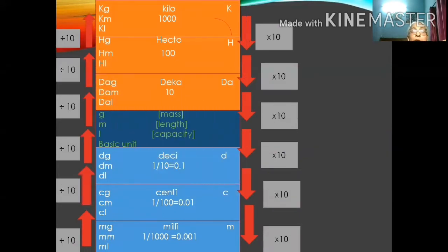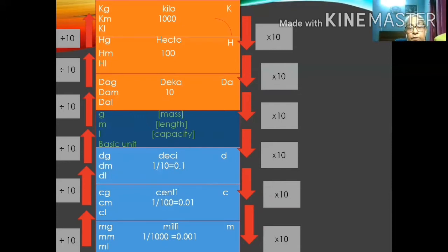Now, how to change? The biggest unit is kilo, then hecto, deca, standard unit, then deci, then centi, then milli. We are coming down from bigger to smaller, and from smaller to bigger, we are going up.